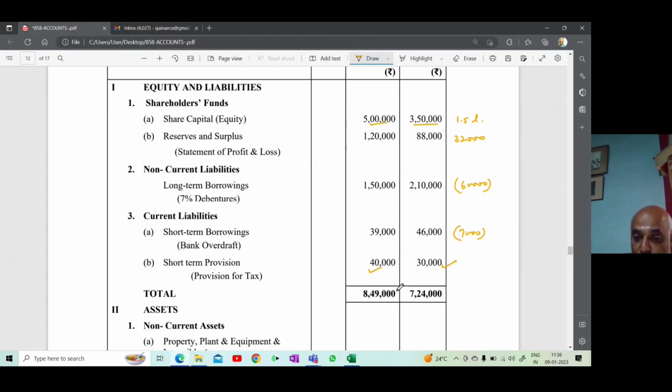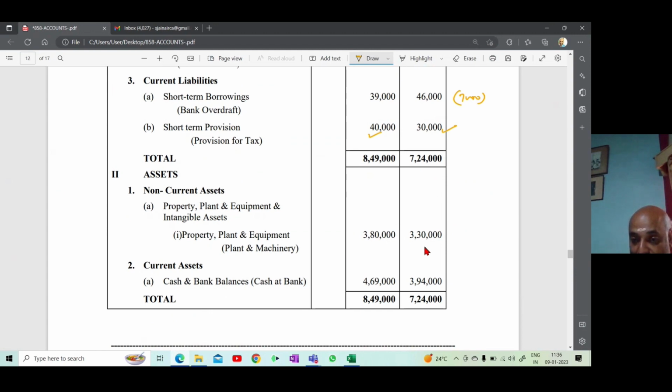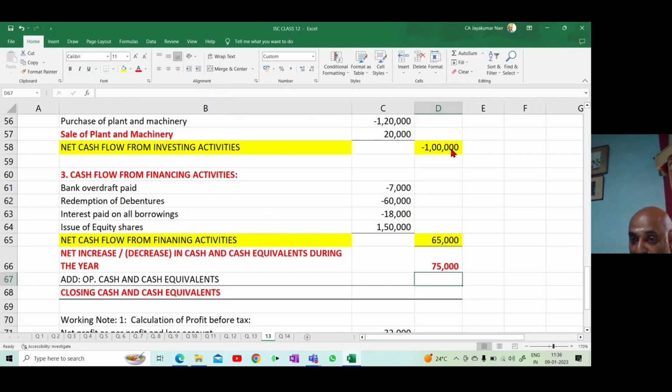I told you that the bank balance will be taken for a reconciliation. So once you add all the three, you get 75,000. To this, if you add the opening cash and cash equivalents, you must get the closing cash and cash equivalents. It must tally. When you add these two, you should get the closing cash and cash equivalents, 4,69,000.